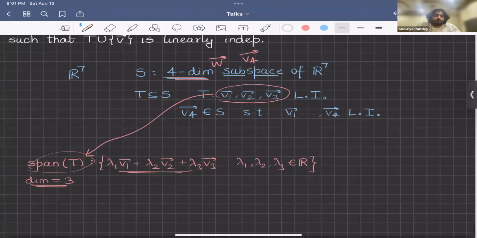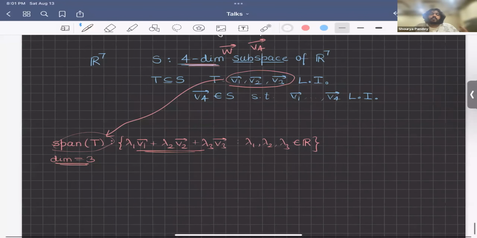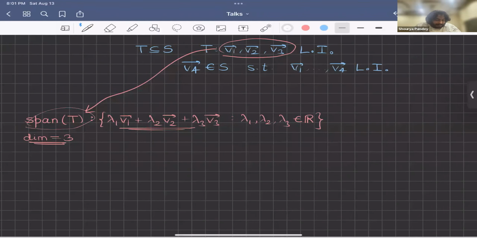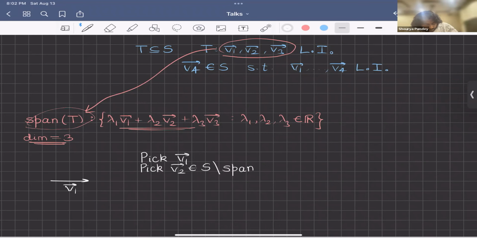So the idea is that no matter what vector space you have, you can construct that space in any order, in the sense that you can start with a vector V1 and look at the span of V1, then pick another vector V2 in the set which is not in the span of V1.